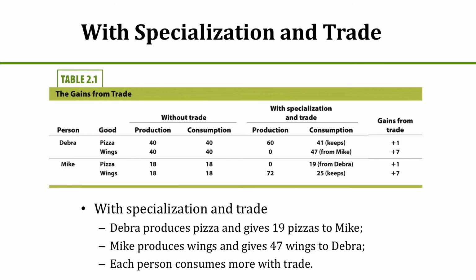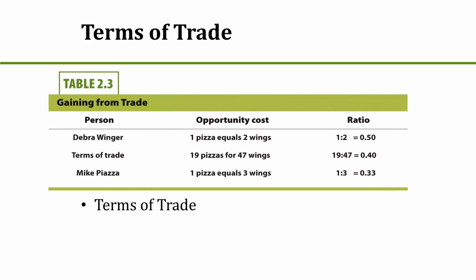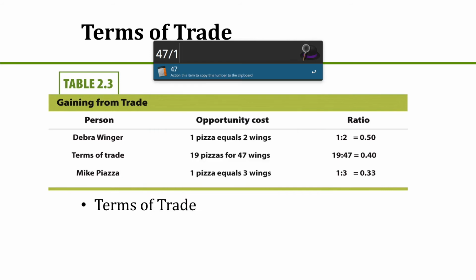Let's see if this is really true. Deborah is giving 19 pizza to Mike, and in return, she's receiving 47 wings from Mike. So basically, for 19 pizza, she's receiving 47 wings. To make my job easier, I will divide 47 by 19.